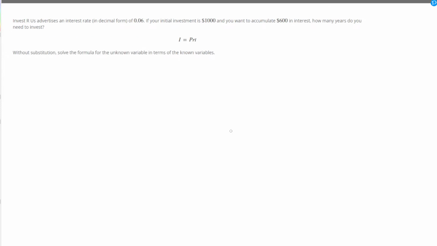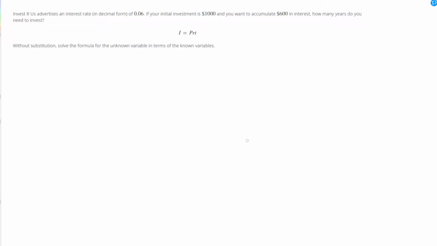This one is telling us that a bank advertises an interest rate in decimal form, 0.06. If your initial investment is 1,000 and you want to accumulate 600 in interest, how many years do you need to invest? We don't really care that much. We see the without substitution keyword, which means that all we are trying to do is get the time alone, because in this equation, interest is equal to principal times rate times time.